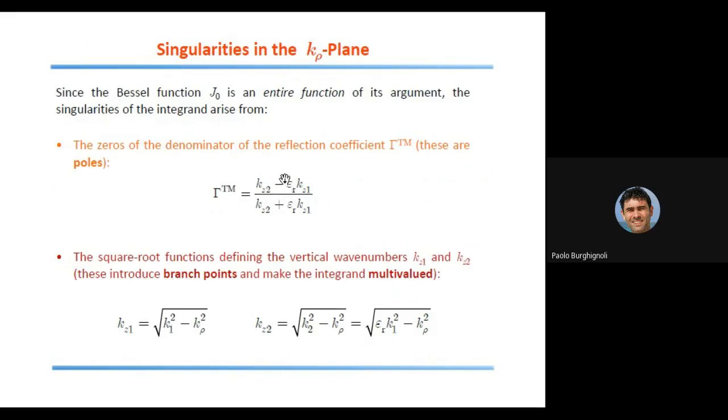You can see there is a minus sign in the numerator, whereas a plus sign is present in the denominator. This means that if you are on the Riemann sheets number 2 or 3, what you get is that you have a 0 of the numerator. That is, the reflection coefficient goes to 0.